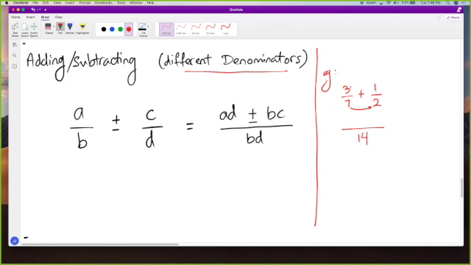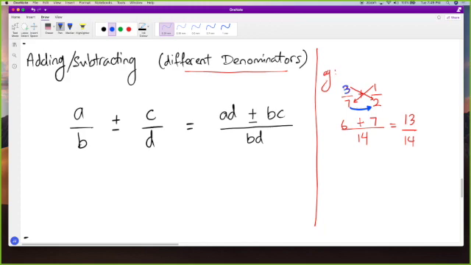Then cross multiply. 3 times 2 is 6, plus 1 times 7 is 7. 6 and 7 is 13 over 14. That is your answer. That is it. When you're talking about adding or subtracting, this is all you have to do, and this will work for all fractions. So you multiply your denominators and then you cross multiply.